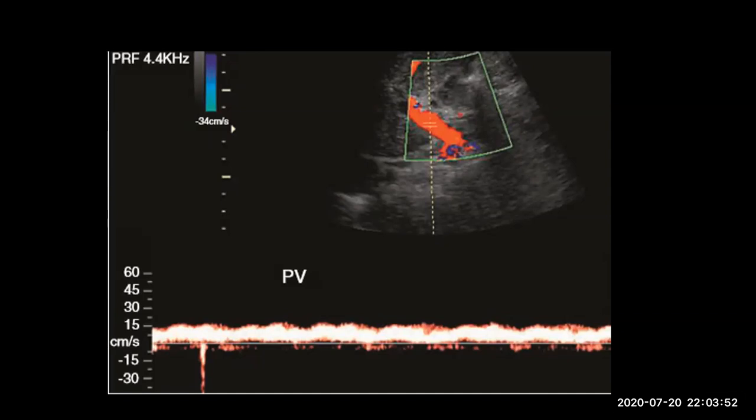This is daily work, ultrasound. Any volunteer?